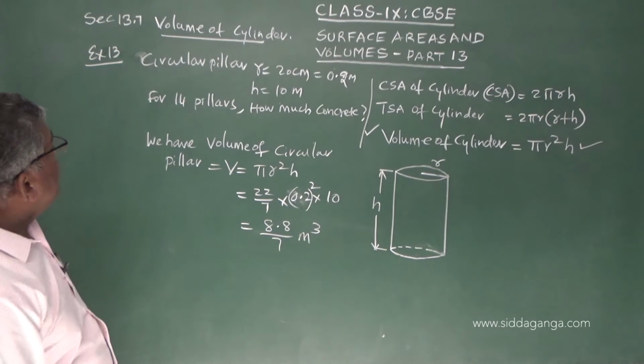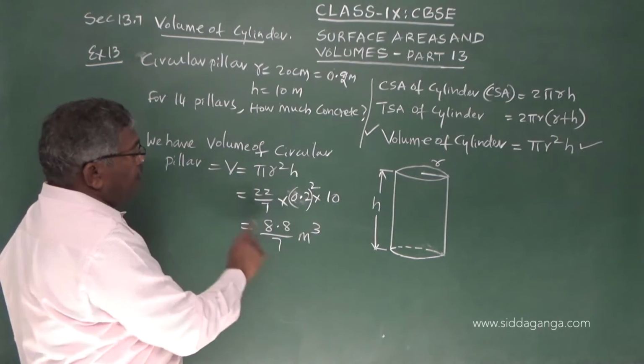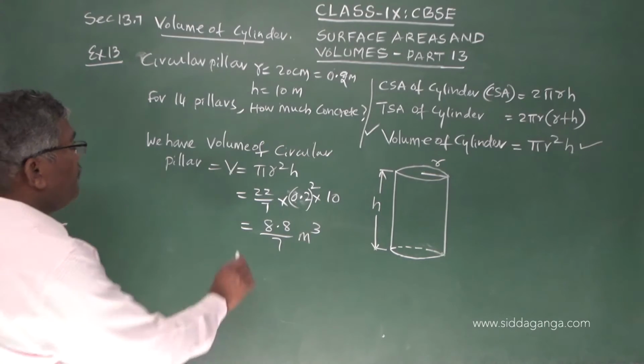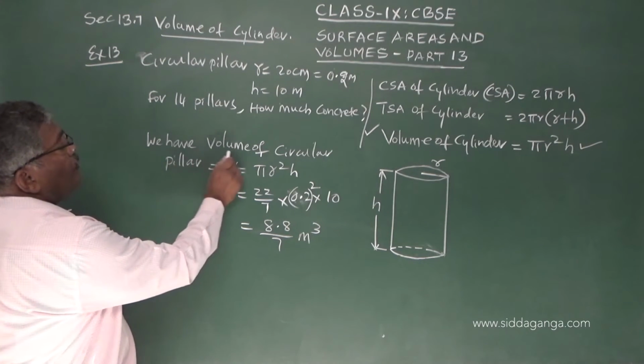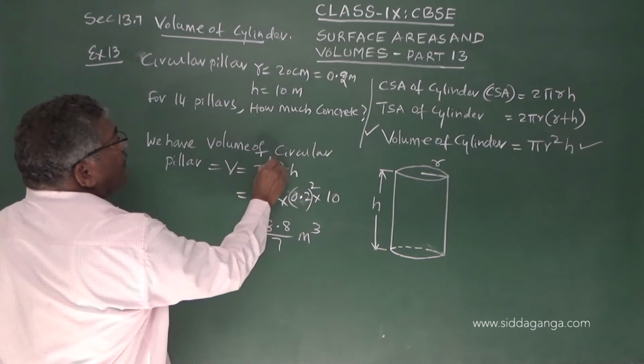So therefore, this is the volume of each circular pillar.